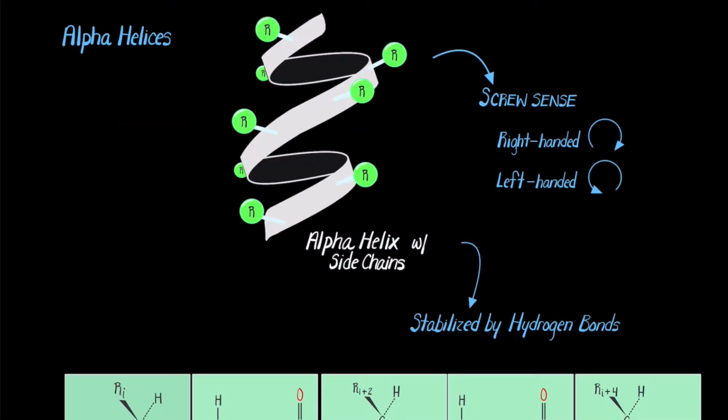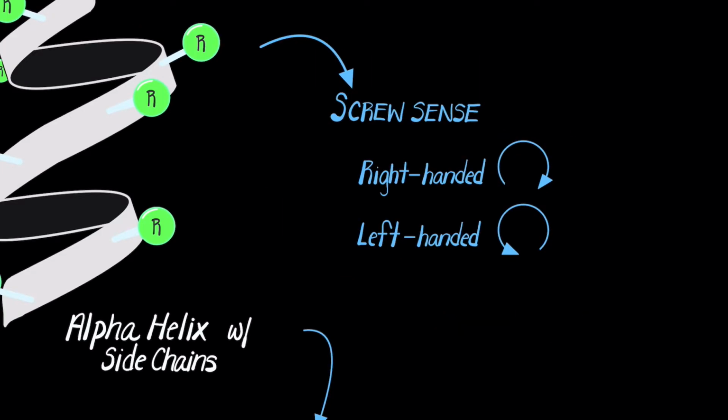So beginning with alpha helices, they're stabilized by hydrogen bonds. With the alpha helices, we see that the R groups are on the outside of the helix, and alpha helices are right-handed. The screw sense refers to the direction with which the helix is turning. It can either be right-handed or left-handed. Alpha helices tend to be right-handed.